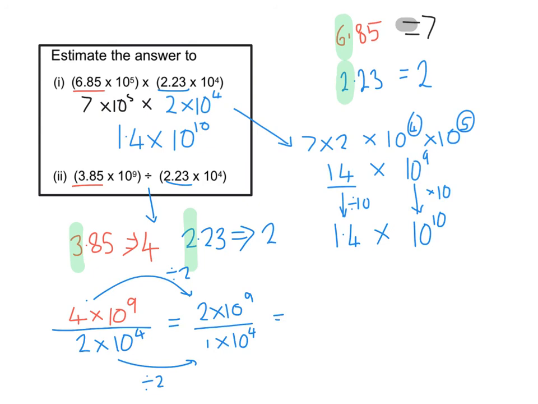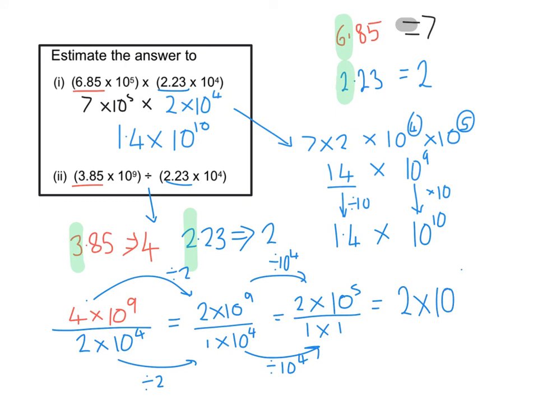And I can also divide by 10 to the power of 4 now, because I know that when I divide, I take away the powers. So I'm going to have 2 times 10 to the power of 5, because 9 take away 4 is 5, over 1 times 1. So I'm just going to be left with 2 times 10 to the power of 5.